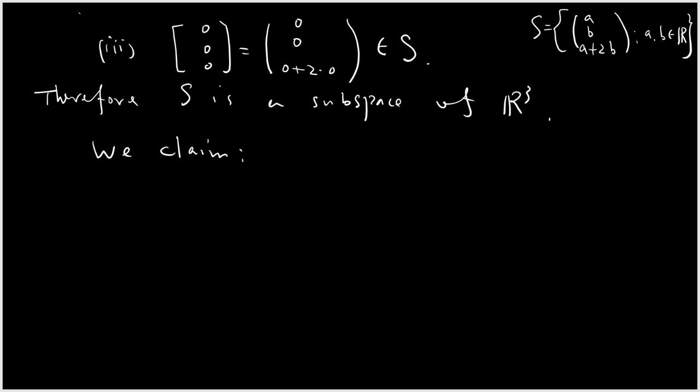I will use U to denote the first vector and V to denote the second vector.